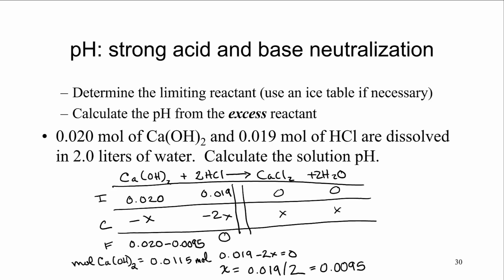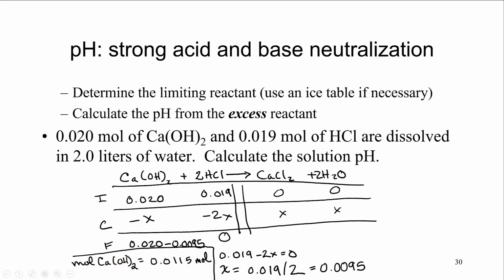Now, in order to calculate the pOH from this, what I need to do is convert that into hydroxide. Now, based on what we've talked about, you'll notice that there's two OHs in here. So what you need to do is to take this number and basically double it to get the number of hydroxides that are coming out of it.